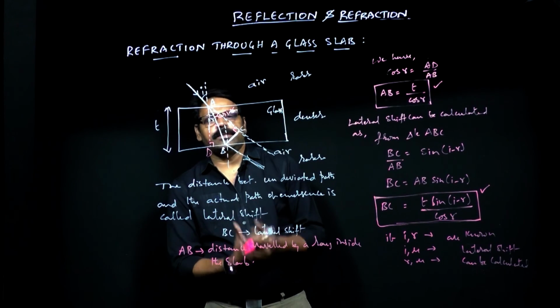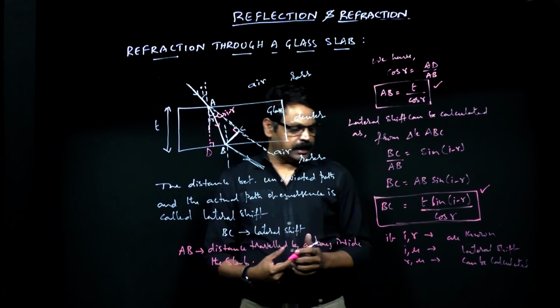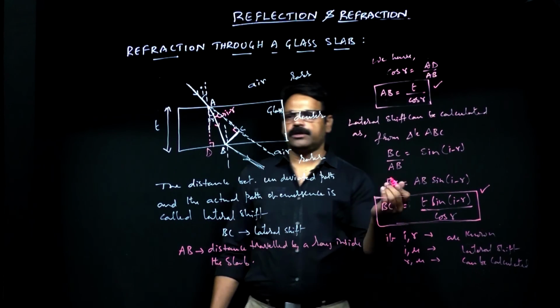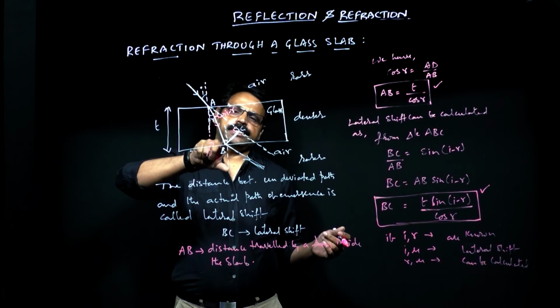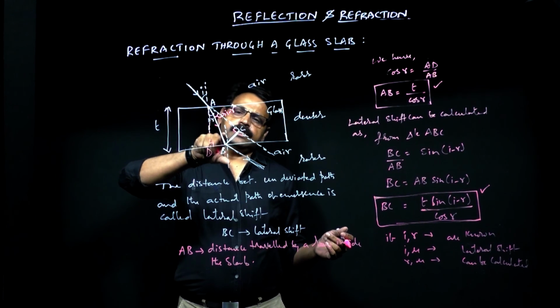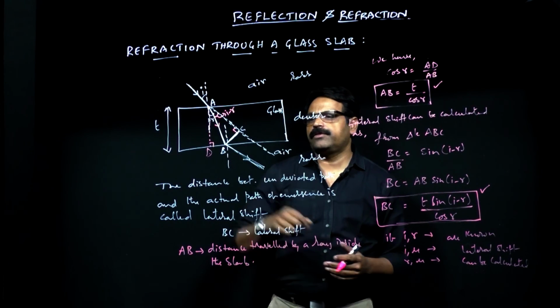And how much time it takes to travel, that also you can calculate. So, time taken. How can you do it? Here the distance travelled is AB, and the velocity of light in the medium is going to be different from the velocity of light in air.